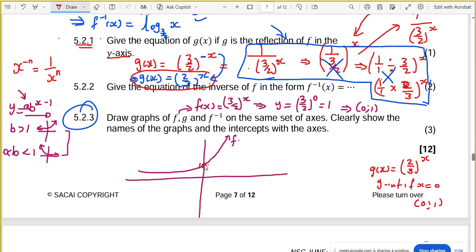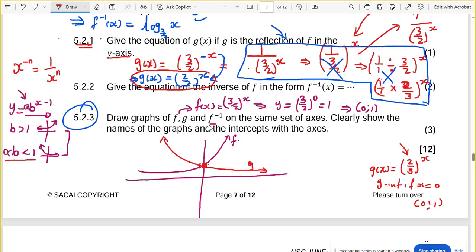So it will have the same y-intercept, but it will go in the other direction. Why? Because the value of b is between 0 and 1. Tell me, what is 2 over 3 on your calculator? You see that this is between 0 and 1. What do you get? 2 over 3 is 0.7. Exactly. Then this is the graph of g.